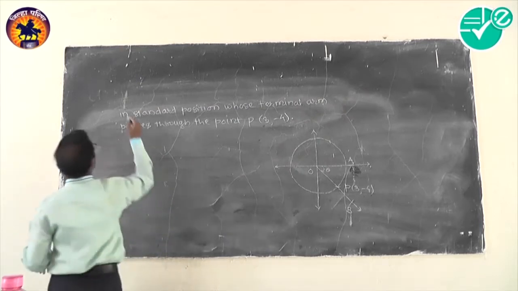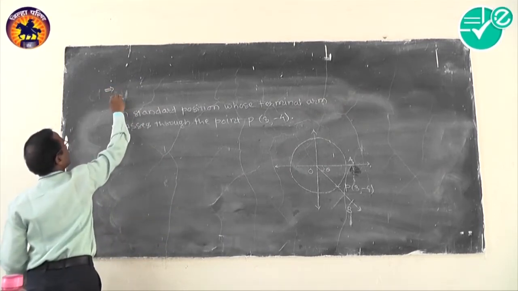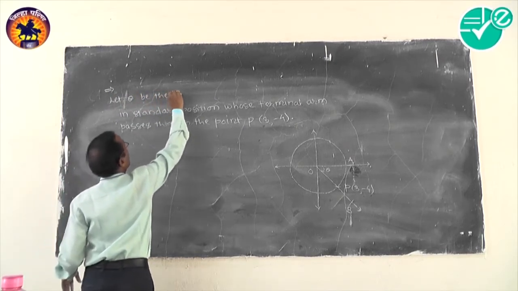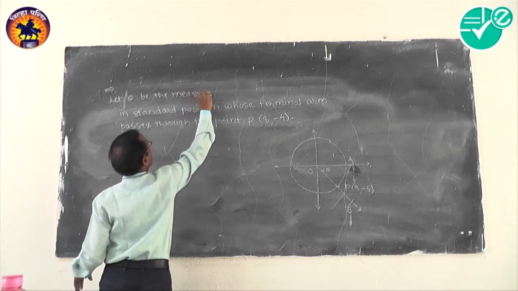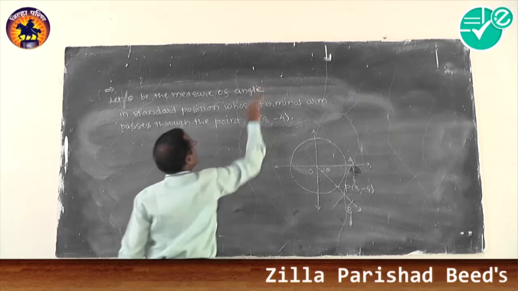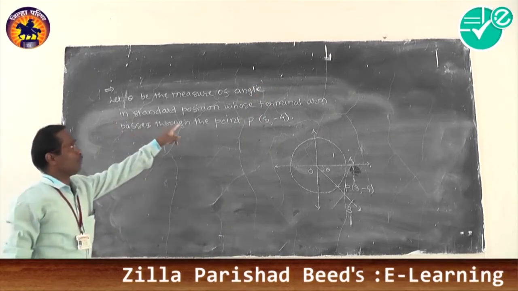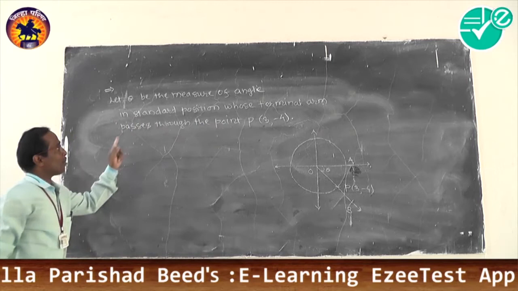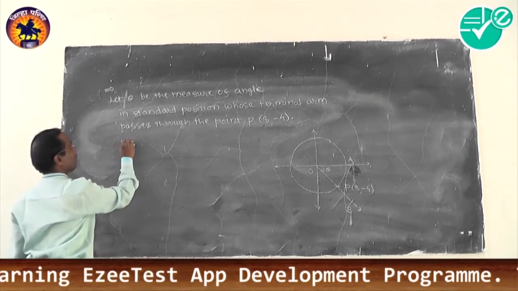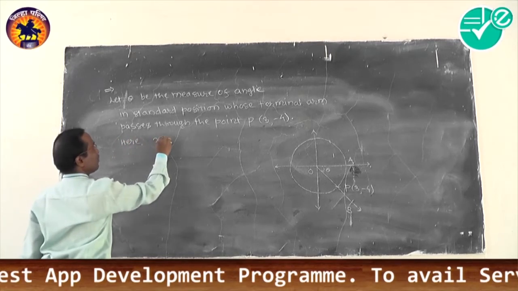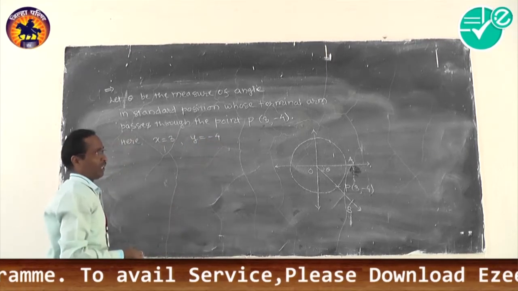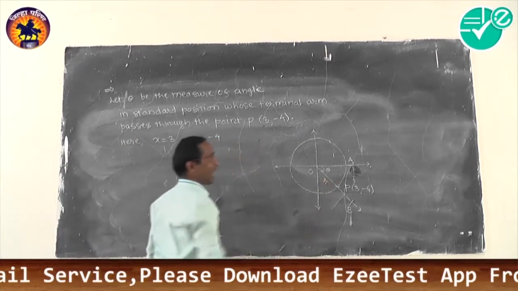Let theta be the measure of the angle in standard position whose terminal arm passes through the point P 3 comma minus 4. Here x is equal to 3, y is equal to minus 4. Now we want to find the radius r.